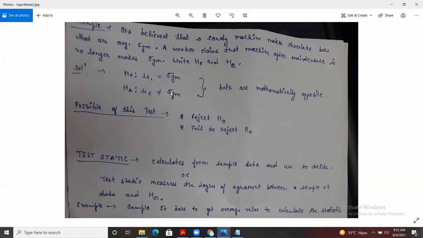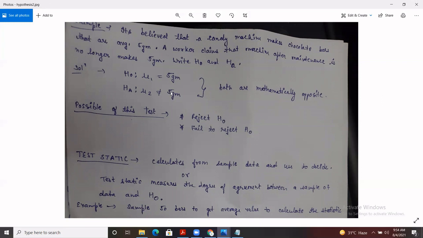So what is your null hypothesis here? The null hypothesis is that the average weight of the chocolate bar is 5 gram. And what is the alternate one that we need to claim or prove? That it is not equal to 5 gram. So null is 5 gram and alternate is not equal to 5 gram. Both are mathematically opposite.